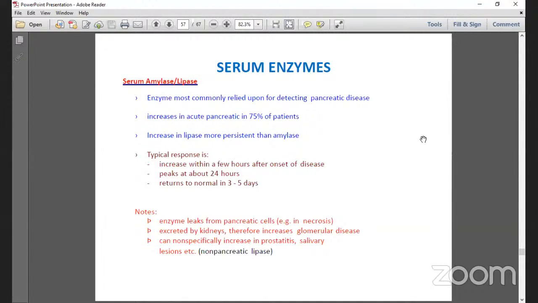But one limitation of the amylase and lipase enzymes is that they are not specific, especially in terms of the prostate gland, because the prostate gland can also produce lipase and amylase enzymes, and also the salivary gland. Okay, next.